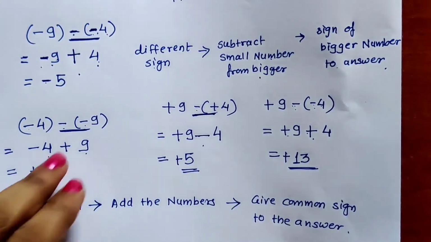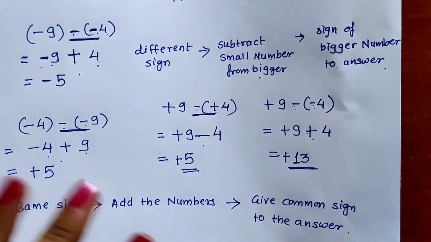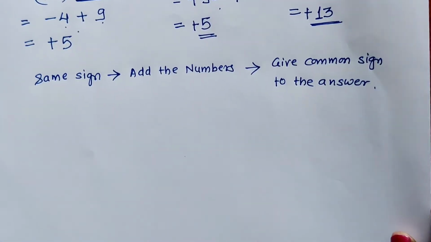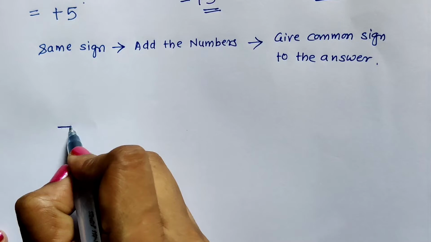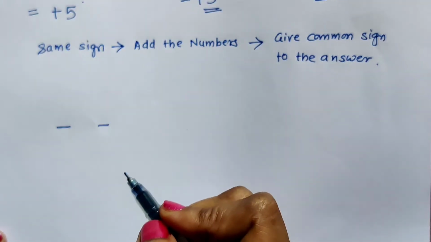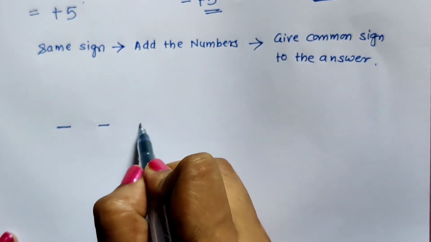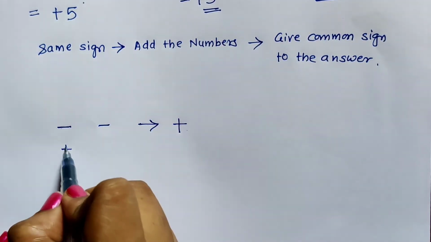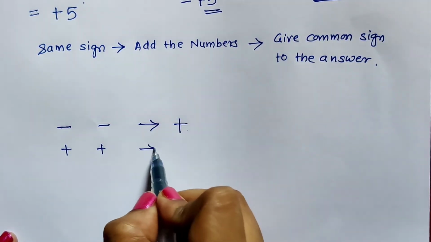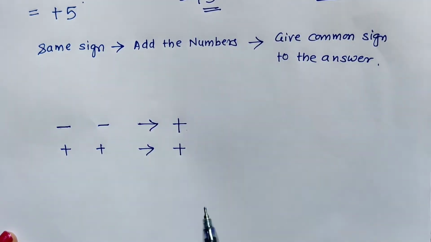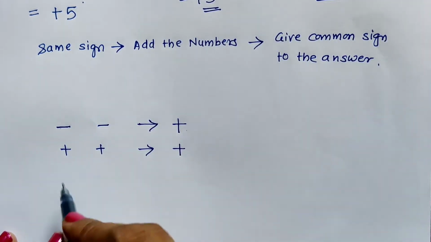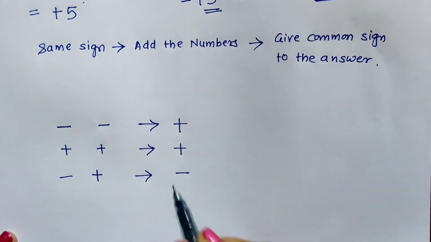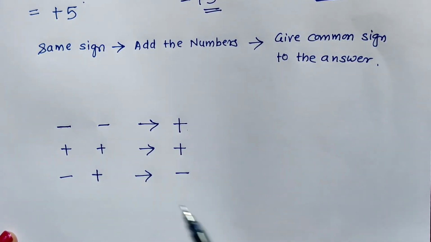So when two signs come close to each other, combine those two signs and make one single sign. When there is minus minus, these two signs come close to each other, the sign will become plus. Okay, when plus plus, same sign again, the combined single sign will become plus. Then minus plus is there, the combined single sign will become minus.